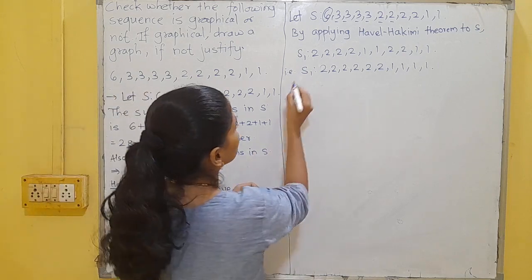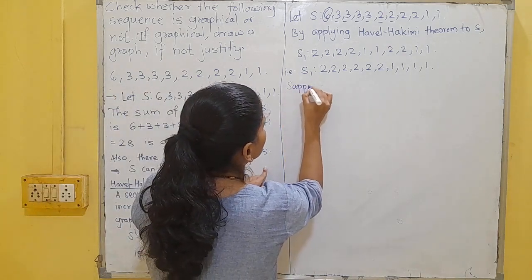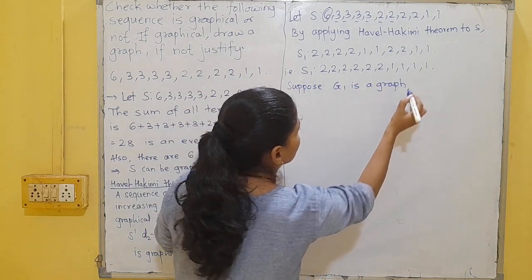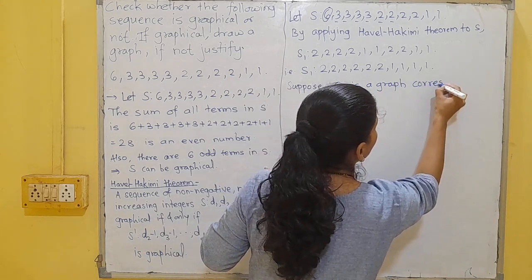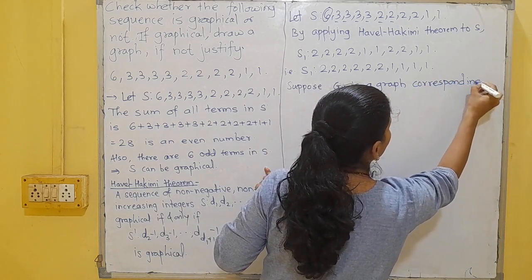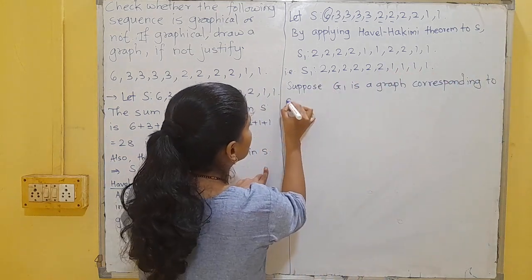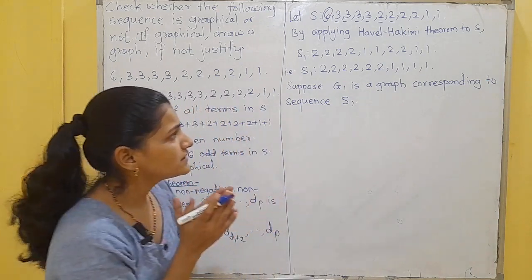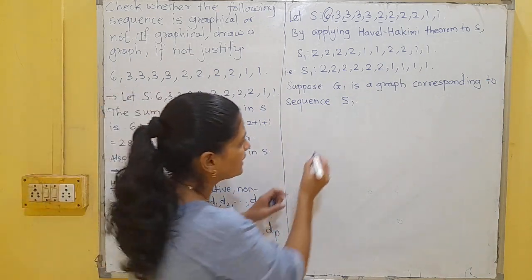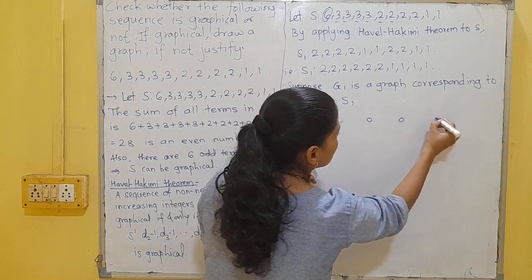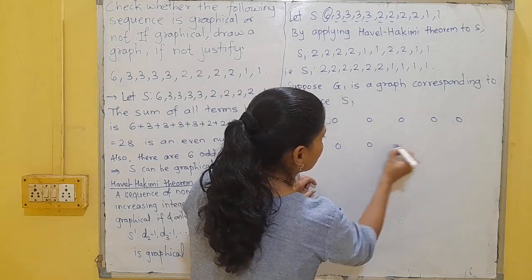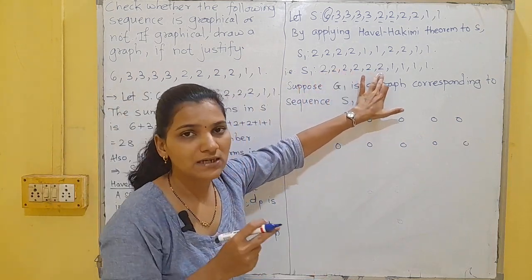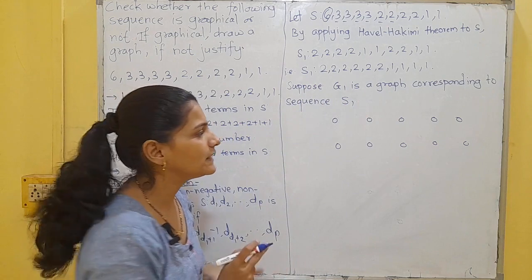So I am drawing a graph. Suppose G1 is a graph corresponding to sequence S1. G1 is a graph on 10 vertices. So I am drawing 10 vertices, with 6 vertices of degree 2 and 4 vertices of degree 1.